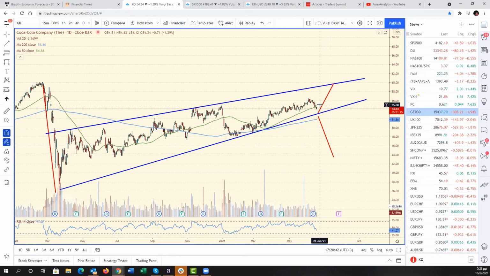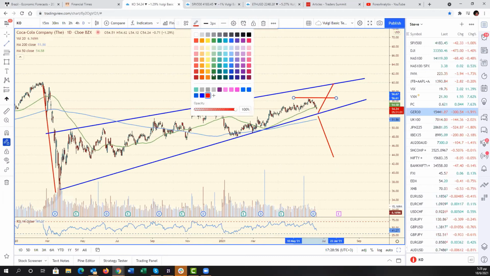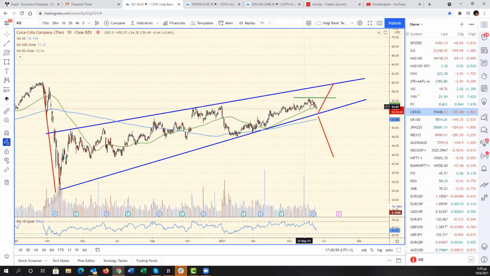So let's assume that you are very bearish Coca-Cola company, right? And you sell here, and logically speaking, you would place your stop above the highs, right there. Let's assume you're very bearish and you're shorted here. Where would you put your stop loss? Let's say over there, right?